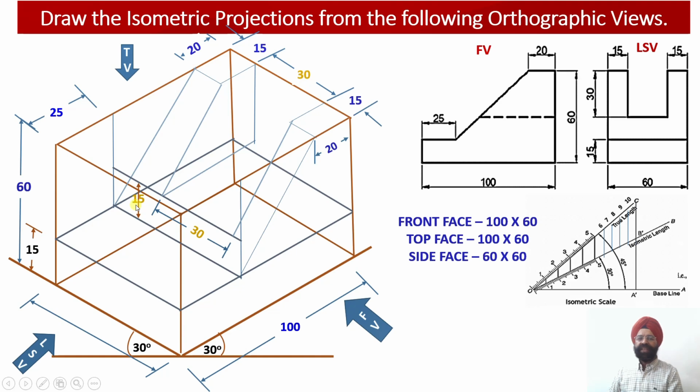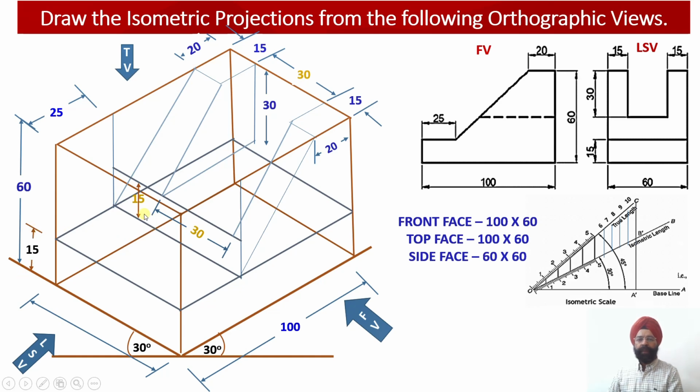So whatever dimensions are drawn with orange, it means we can eliminate these dimensions later on. These are only for your guidance or your reference. So all dimensions with blue and black are the ones which must be shown otherwise. So please check, I have shown this dimension 30 millimeter, that is I am following this distance as well. So this is 30, this is 15, and bottom is also 15.